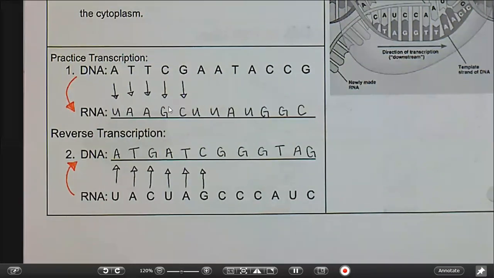I'm writing RNA in transcription, so I use U. I'm writing DNA in reverse transcription, so I'm writing T. So depending on what I've been asked for is the letter that I use. So when you're looking at questions and practices for this section, make sure you're really careful about what you're writing, if it's DNA or if it's RNA.